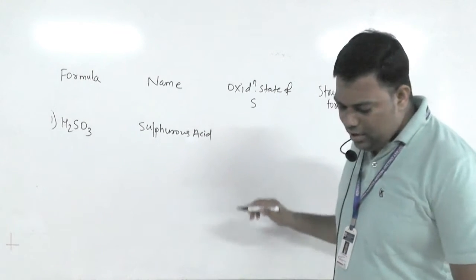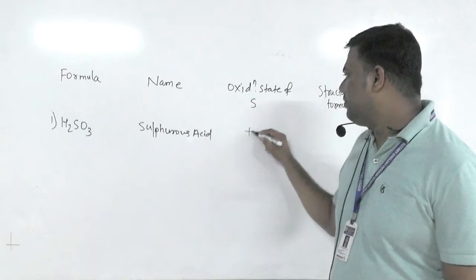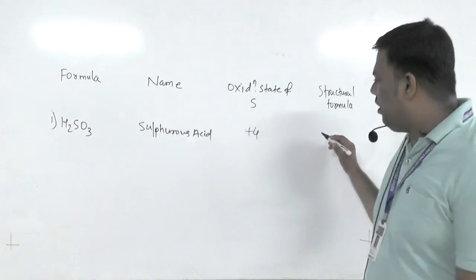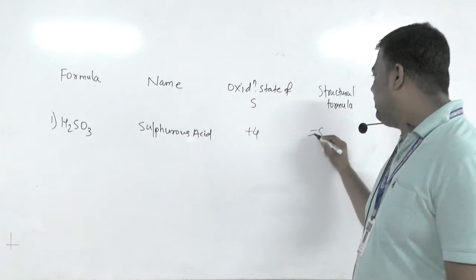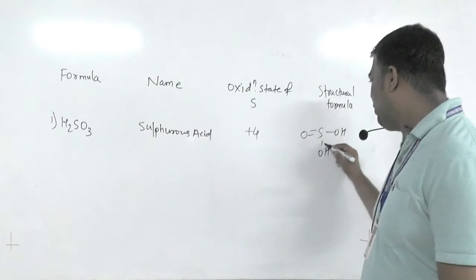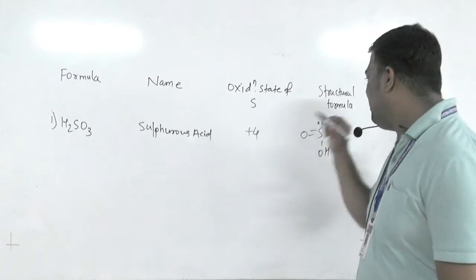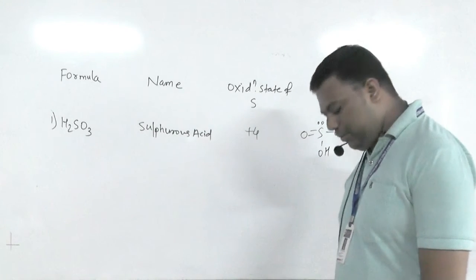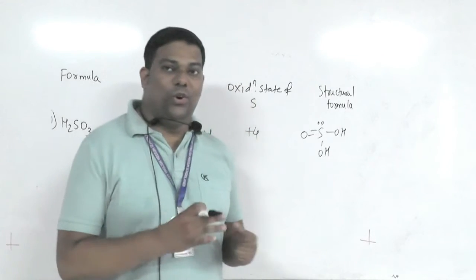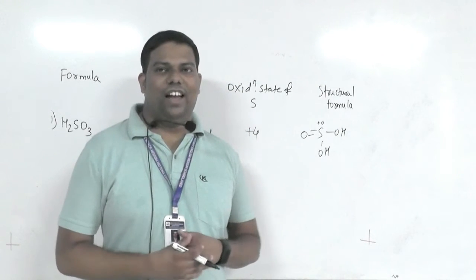Yes, very good, +4. And the structural formula: H, double bond O, OH, OH, so 1, 2, 3, 4, 5 and 6. It is the only acid of sulfur having a lone pair on the sulfur atom.